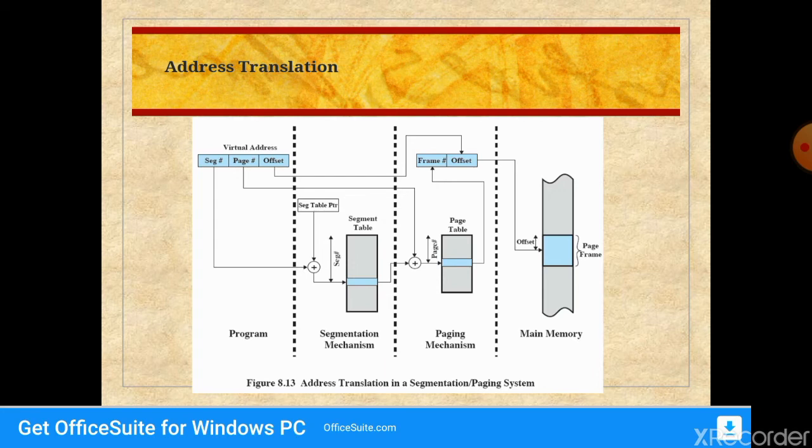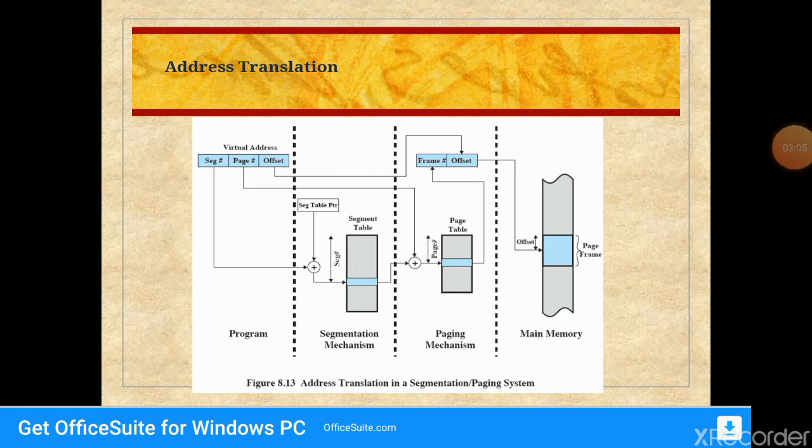That is, a segment is comprised of a number of pages, so that once the segment number is known, then in that segment, the page where the instruction is located, and from the page number, the corresponding frame number can be identified, and finally the physical address can be calculated.